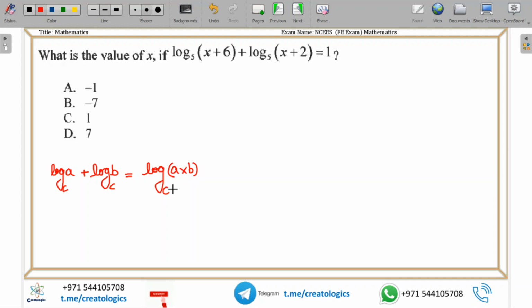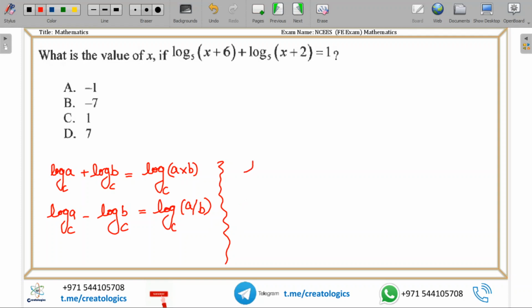And you also know that log of a to the base c minus log of b to the base c is equal to log of a over b, base c. Also, you must know this property: log of a to the power m, to the base c, is equal to m times log of a to the base c.